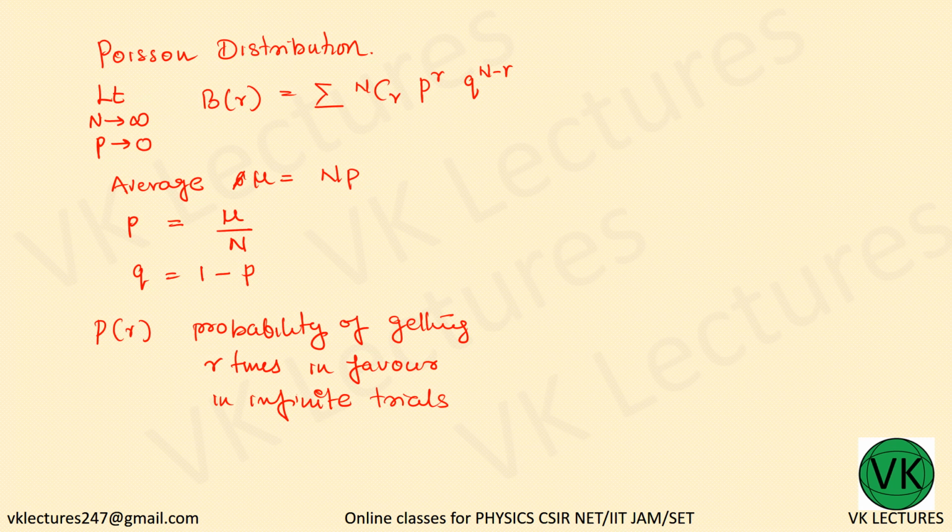It is given by p of r equal to mu to the power r by r factorial into e to the power minus mu, where mu is the expectation or average value. Mu is equal to n times the favorable probability p.